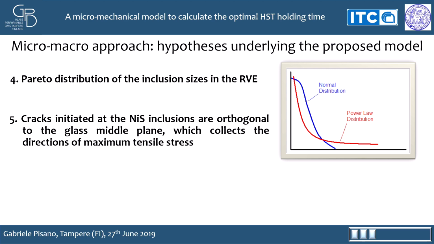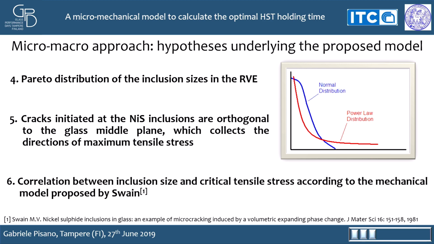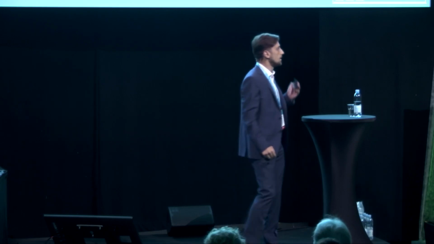Then, to be on the safe side, we have assumed that the crack initiated from the inclusion is always orthogonal to the direction of maximal principal tensile stress. Finally, the correlation between the inclusion size and the critical stress is given by a micromechanical model proposed by Swain in 1981.